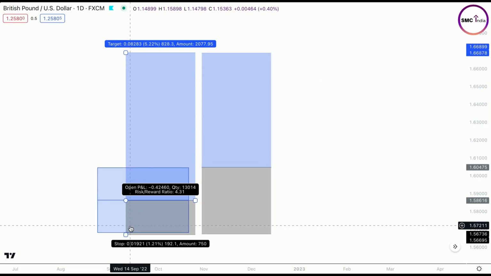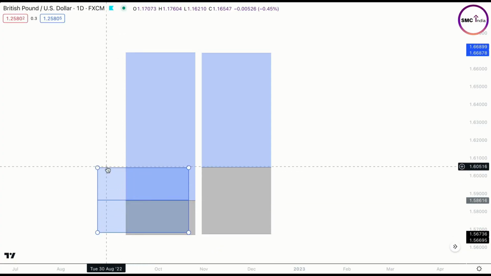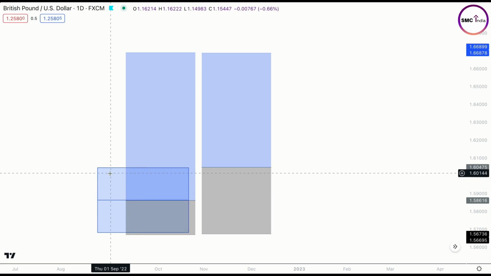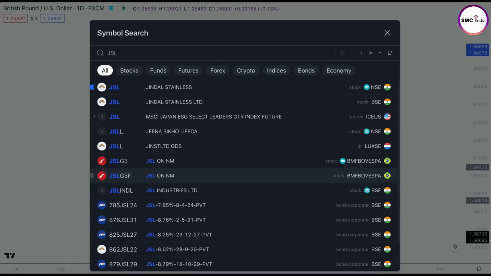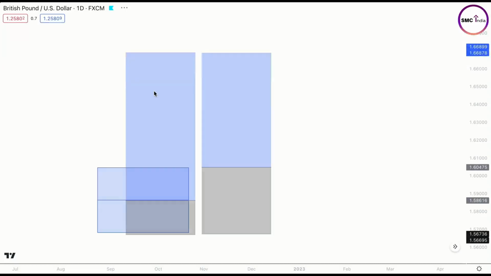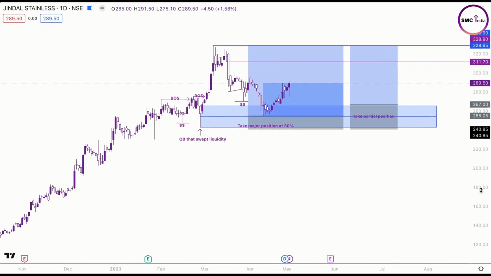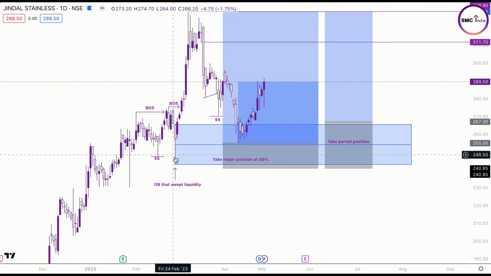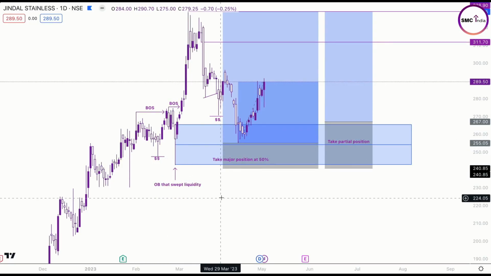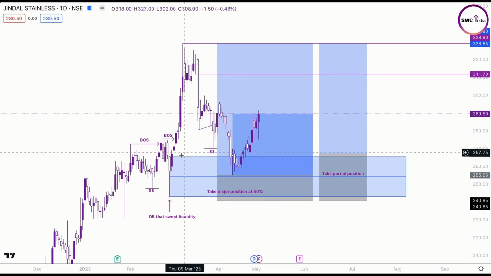Now I'm going to show you one example how the psychological price is very important, and when you see these big order blocks, how you place your trades. Now moving on to the charts. This is JSL. This is the trade that I've already shared. You could see that this is a very important order block because this order block cleared the liquidity down here, and after this order block the price shot up rapidly, creating imbalances here.